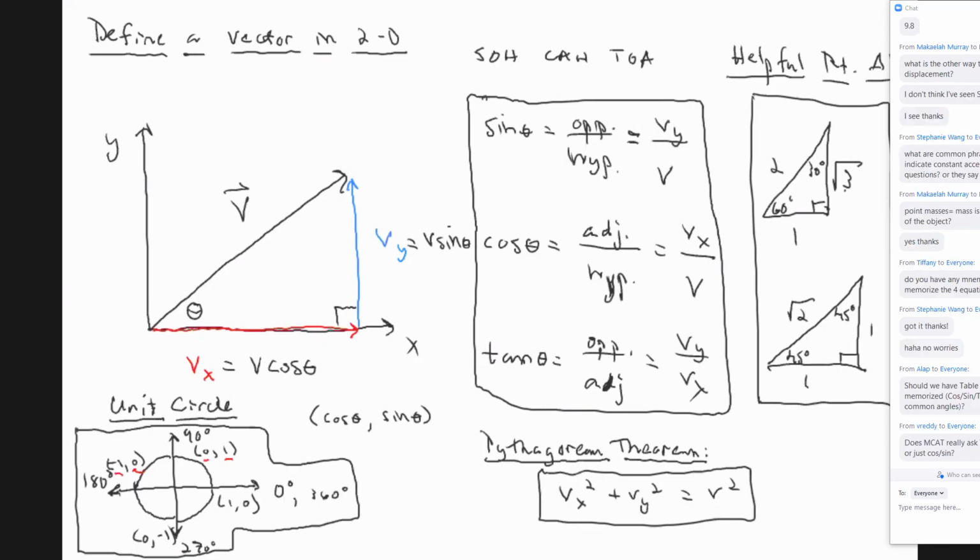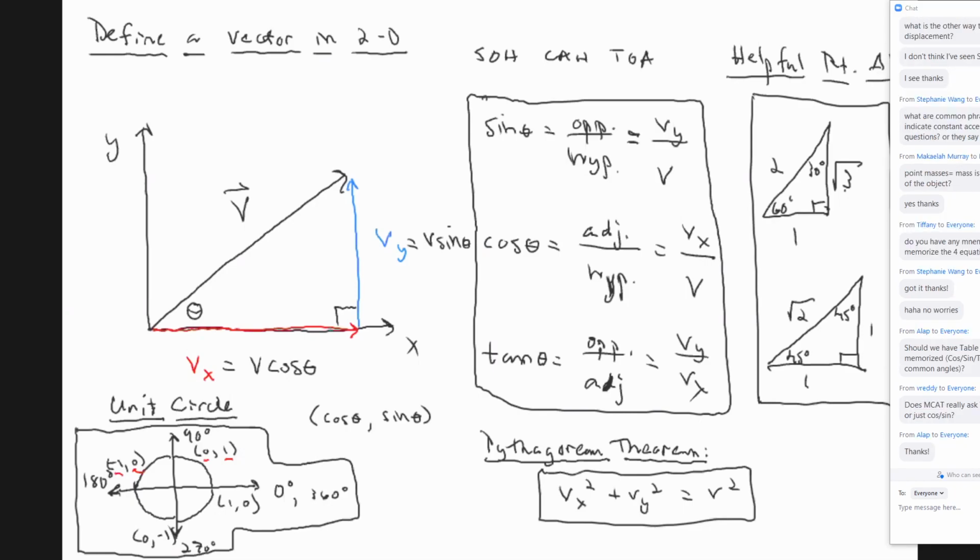Typically, the MCAT doesn't ask you for tangent things. The reason is tangent is usually used to solve for the angle, right? Because you have an x component, you have a y component. After you sum it up, you take the inverse tangent of Vy over Vx, or whatever the vectors are in terms of the y component and the x component, and you'll get the angle relative to the horizontal.